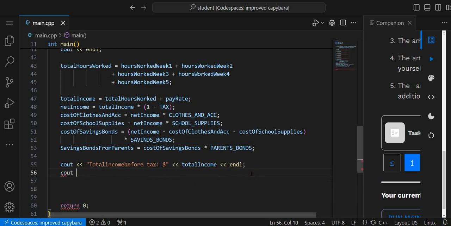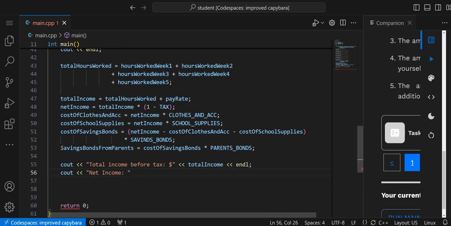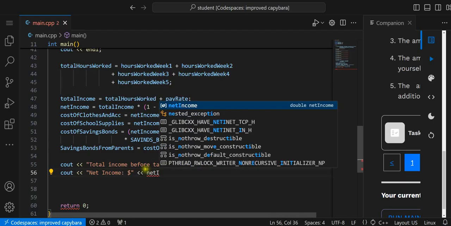Then we have net income. Net income, we've got capital there. It's $1. Then we got the net income.